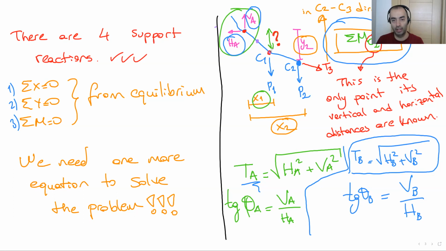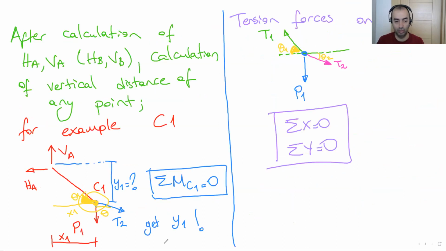If you'd like to calculate the forces of this point C1, because we have two forces from here and here, left and right hand side, we need to calculate its vertical distance. To do it, cut the system from C1 and write the total MC1 equals 0. Then you can get the vertical distance.